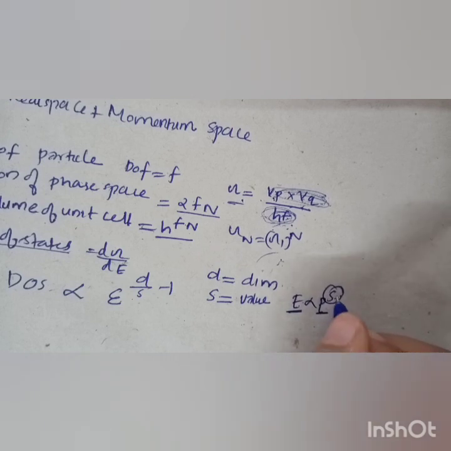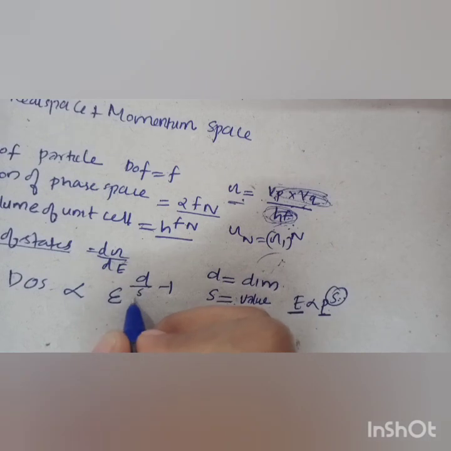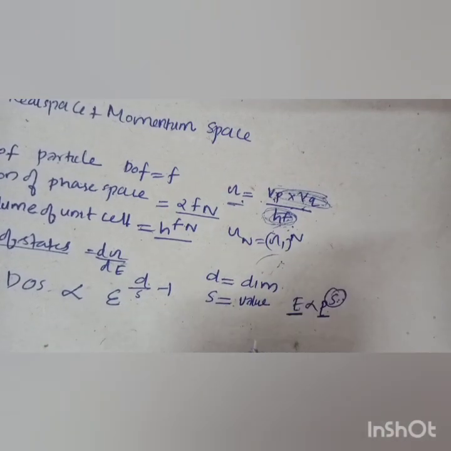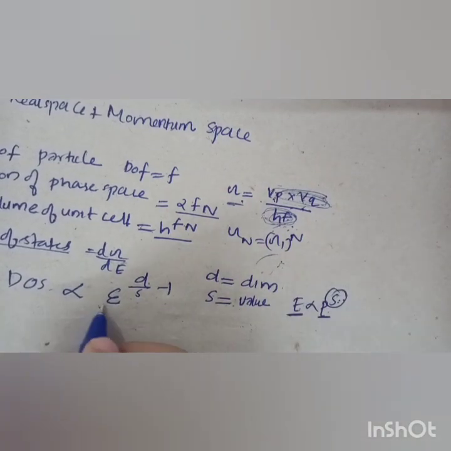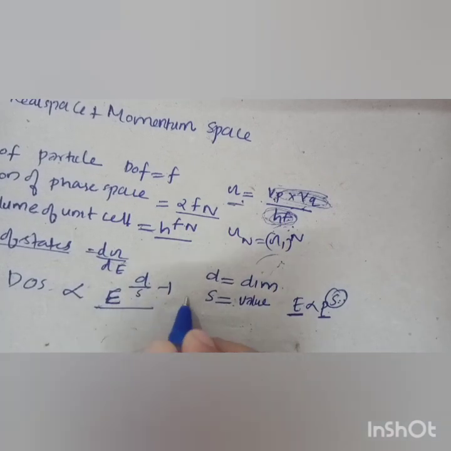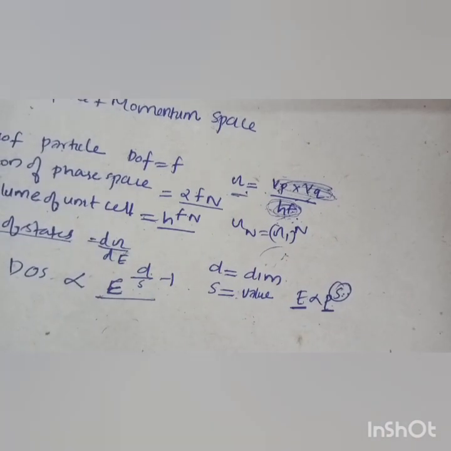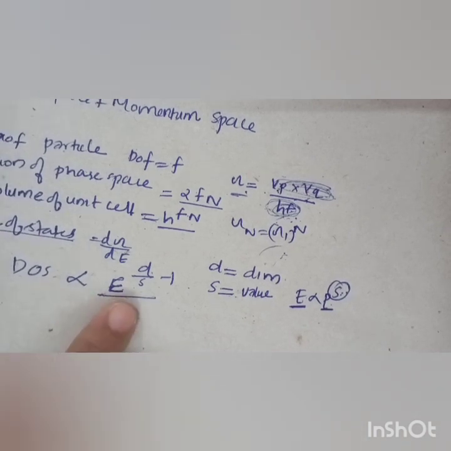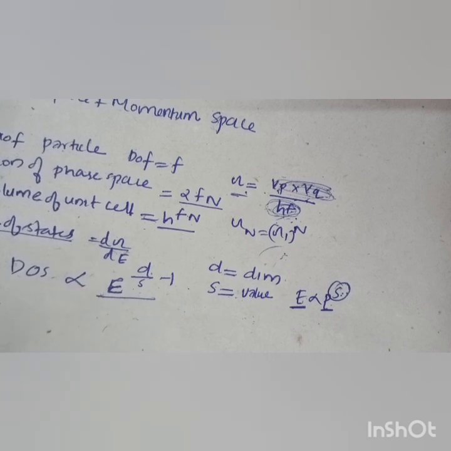Okay, and this gives E power d by s minus 1 as the density of states proportionality. This is the relation of density of states with the energy.